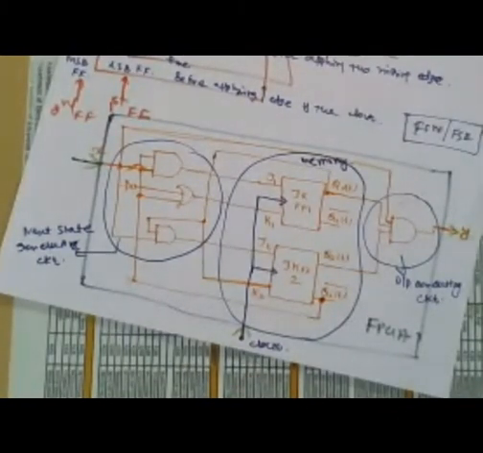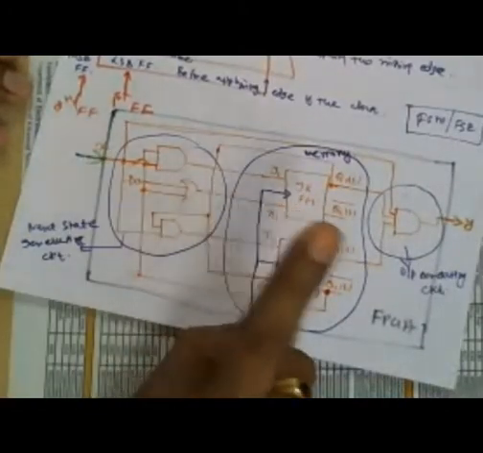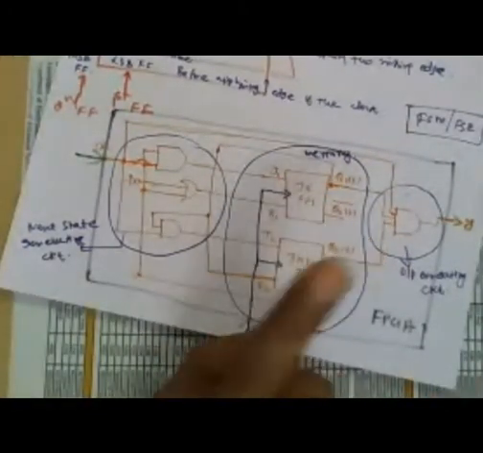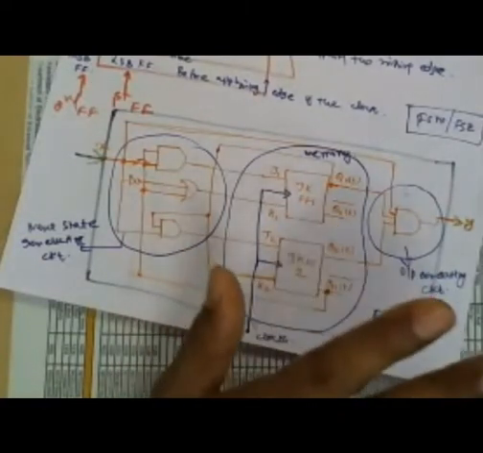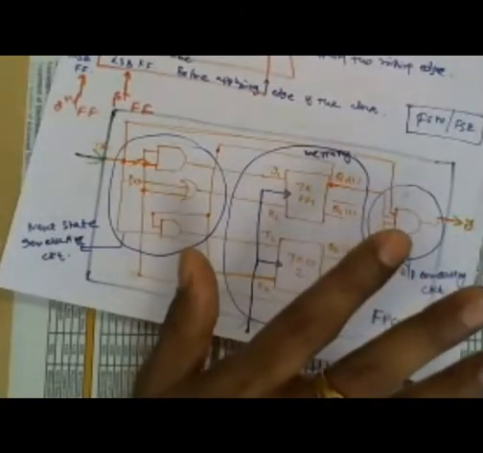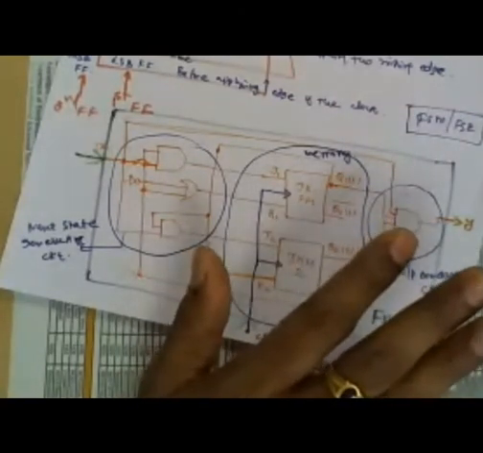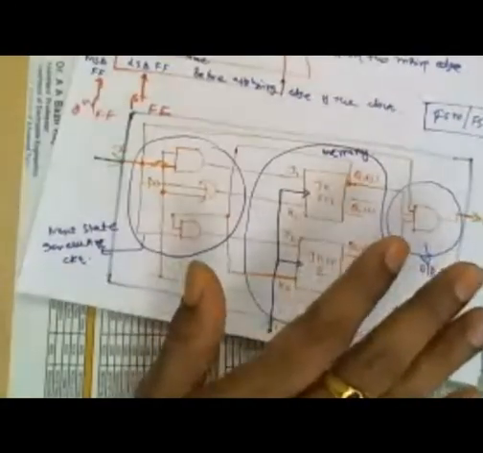But in VLSI technology, this is not required. You need not go to this stage, because as I already told you, the circuit will be created by the tools, not by us. You just have to tell the tool that you need this application done. So we are writing everything at the top level, informing the software that if the state is this, go to this state, and if the state is that, go to that state and generate this output.